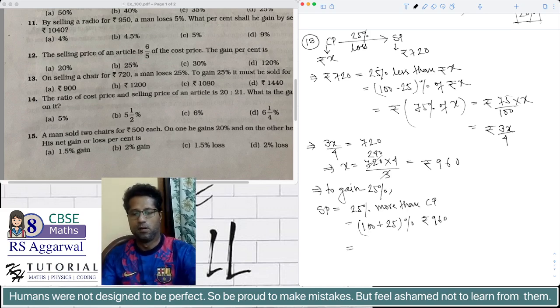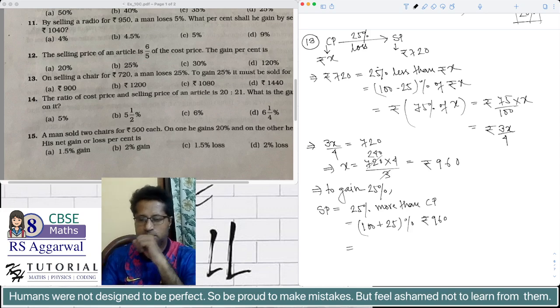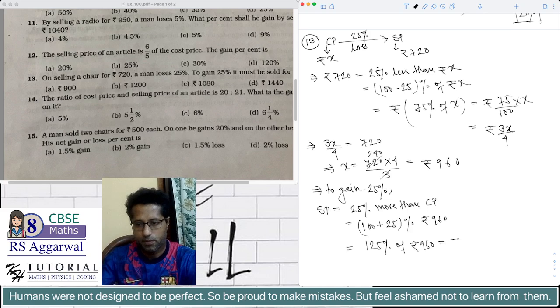This is equal to 125% of rupees 960, which is equal to rupees 125 divided by 100 multiplied by 960.